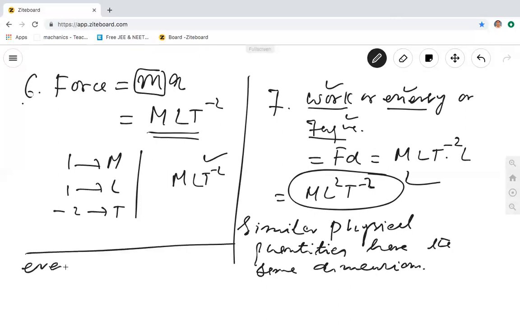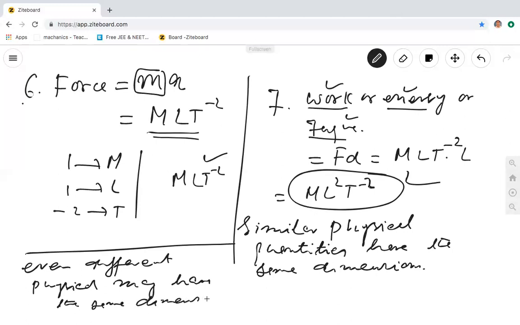Even different physical quantities may have the same dimensions. They may have, but it is a must for similar physical quantities. Similar physical quantities must have the same dimensional formulas.